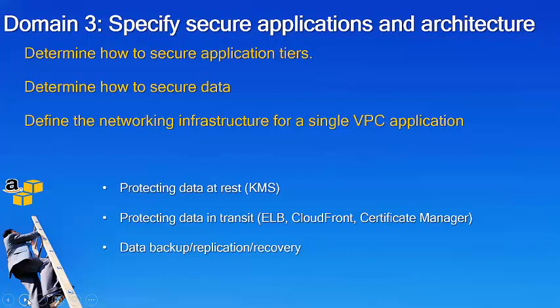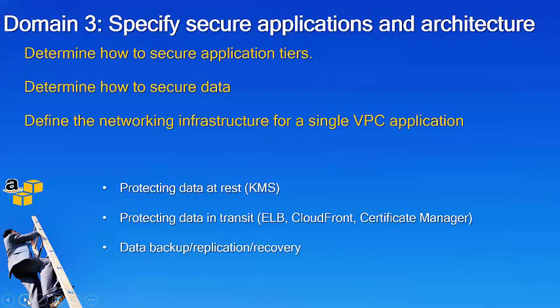When planning for an encryption in transit approach, focus on using Elastic Load Balancing, Amazon CloudFront, and AWS Certificate Manager, which make it easy to generate, deploy and manage certificates using TLS encryption.